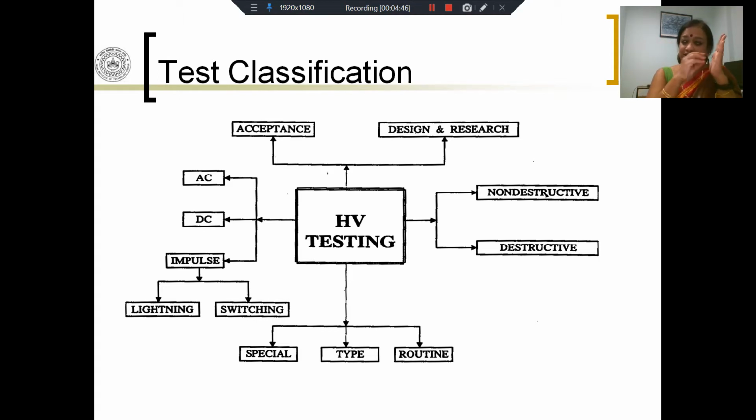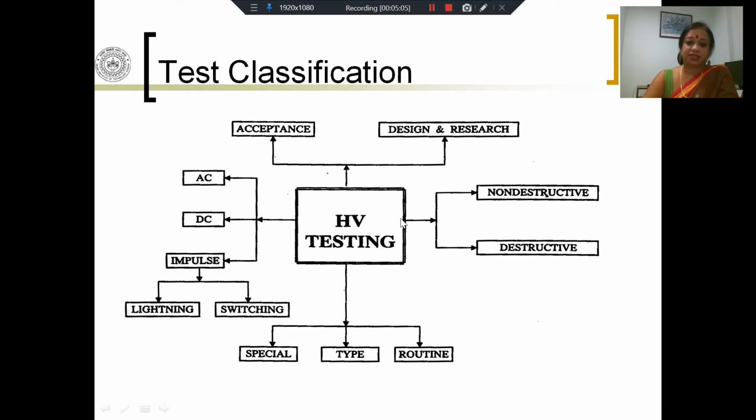So passing the AC test does not guarantee performance under impulse testing. These will have to be done separately. So you have AC, DC, and impulse testing. Of course, under impulse testing you have lightning as well as switching testing. In certain cases it is enough to do a lightning test. In certain cases both are necessary.